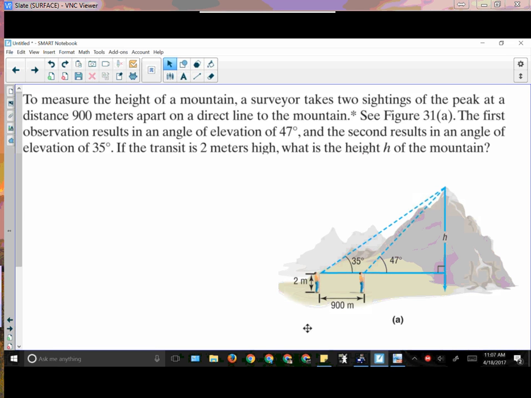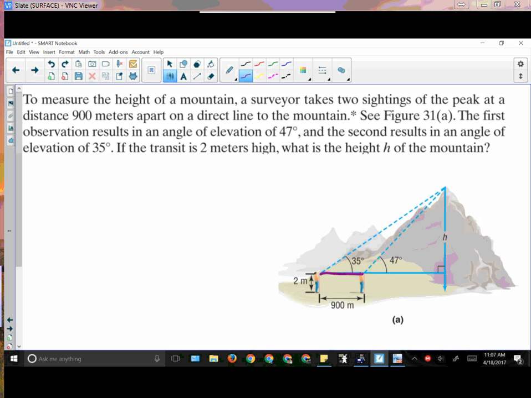So, what we need to do is find out what these triangles are going to be. Now, what do I know? Well, I know that this triangle here, that's 900 meters, correct? I know what this is here.